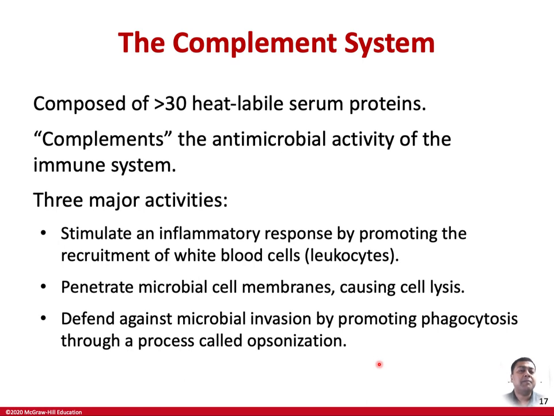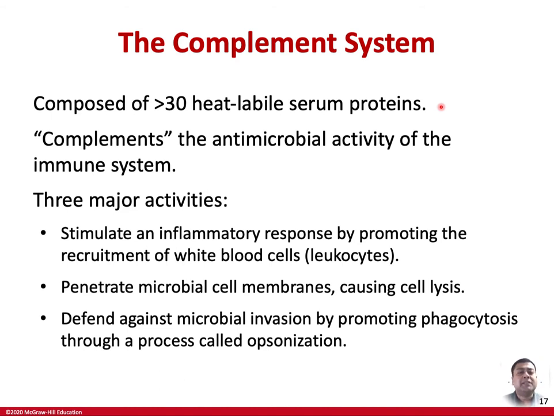The next type of chemical mediators are the complement system. Now, this complement system is made up of more than 30 heat labile serum proteins. And these serum proteins circulate in your blood vascular system all the time, and most of them are in an inactive state.